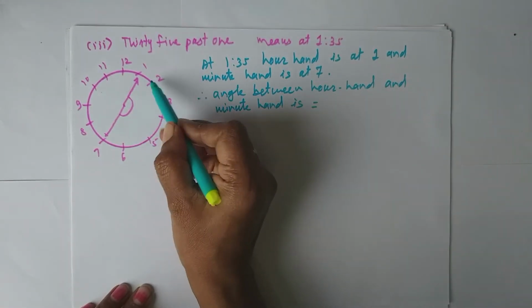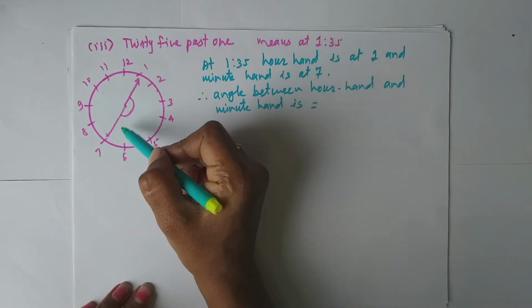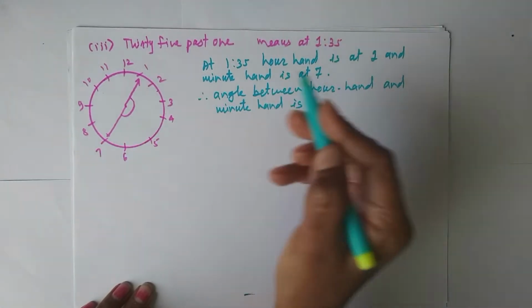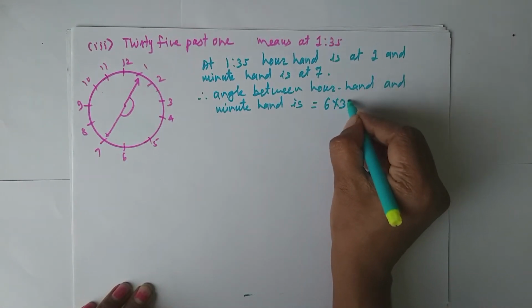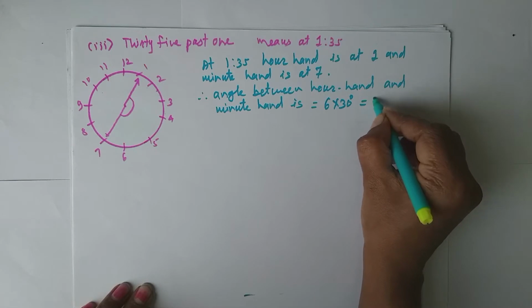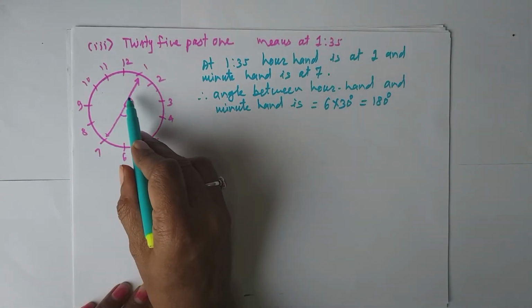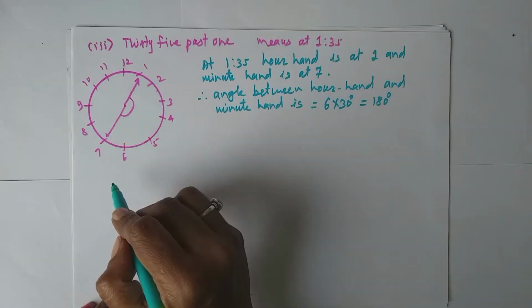And how many divisions are there between 1 and 7, that is between hour hand and minute hand? 1, 2, 3, 4, 5, 6 divisions. Therefore, 6 into 30 degree. And how much is this? This is nothing but 180 degree. Means angle between hour hand and minute hand is 180 degree.